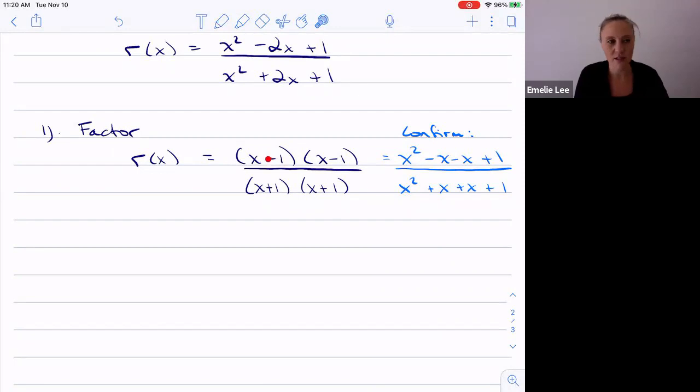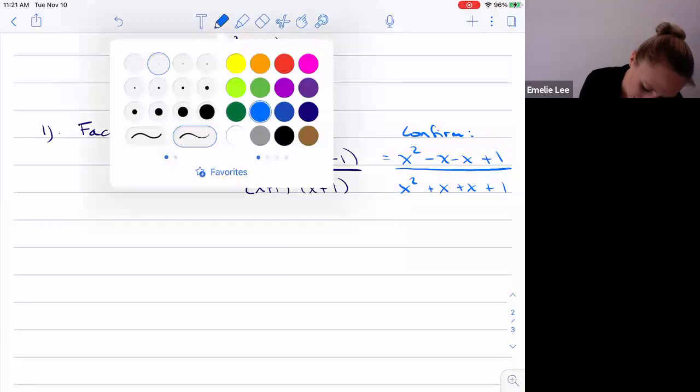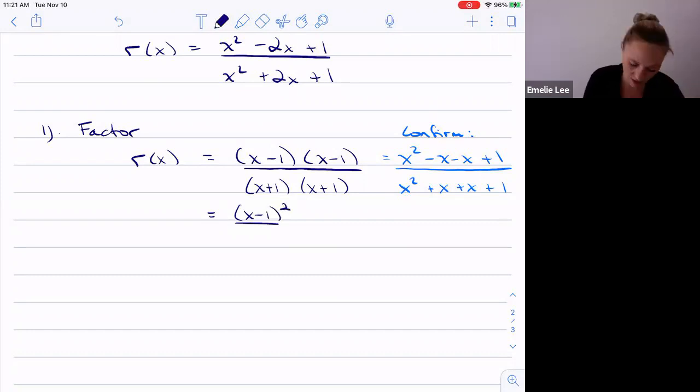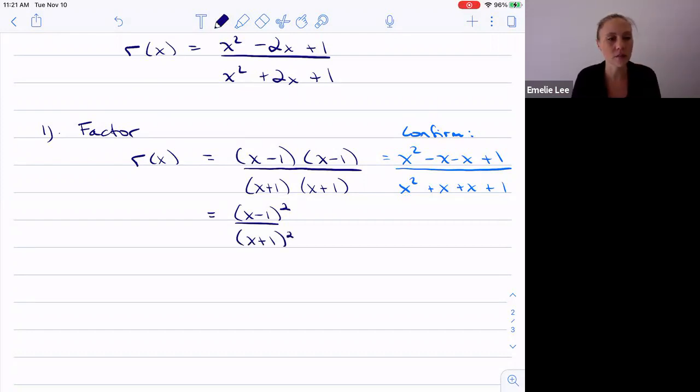Notice that, just like I did earlier, x minus 1 times x minus 1 can be zipped up as x minus 1 squared. Okay. So x minus 1 squared divided by, and same thing in the denominator, x plus 1 squared. Okay.